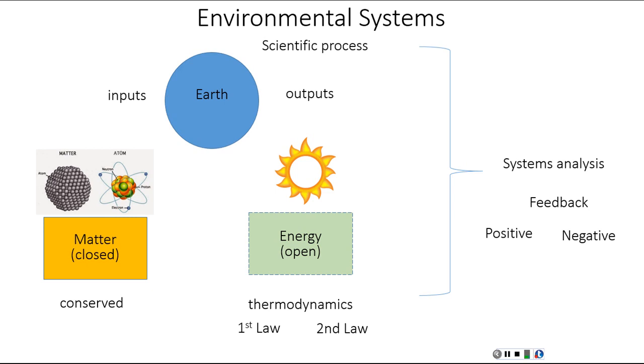There's a certain finite number of atoms here on Earth in the system. They may look different from time to time, but it's the same number of atoms. So this is referred to as a closed system. We can't make or take away matter, it's conserved. So there's a finite amount, and again, it may look different at different times.